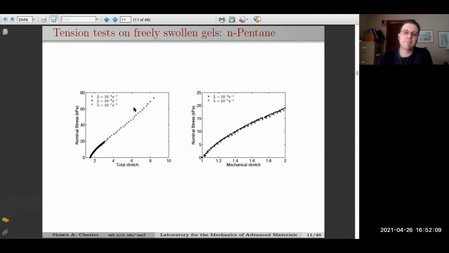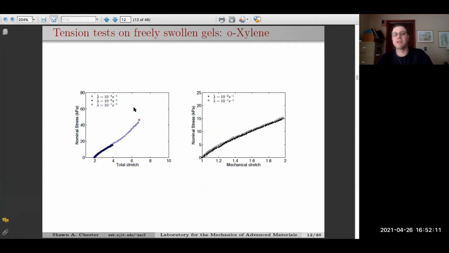So that's in pentane. We do the same thing in xylene, and lo and behold, of course, the data is different, but the trend is identical. The viscoelasticity appears to be gone, and even more, the little red X there means the samples were breaking at a stretch that when dry, they were perfectly fine and no trouble about it.